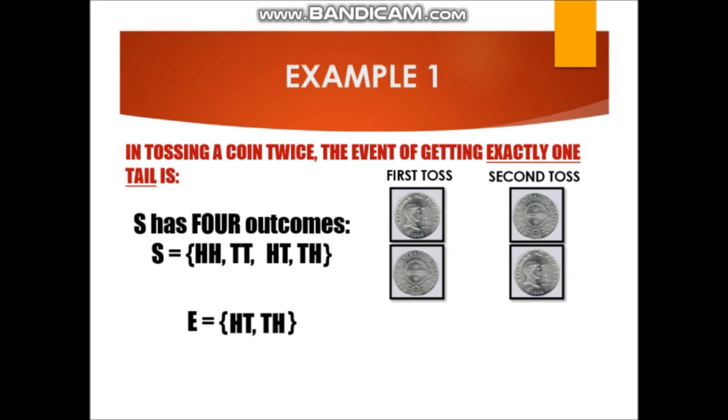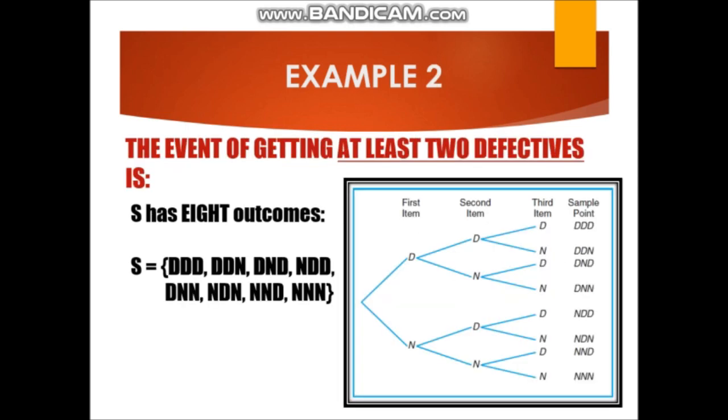Let us proceed to another example. We have here the event of getting at least two defectives in three cell phones. Based on our solution previously, we have eight outcomes: DDD, DDN, DND, NDD, DNN, NDN, NND, and NNN. But in this problem, we are looking for elements which have at least two defectives.